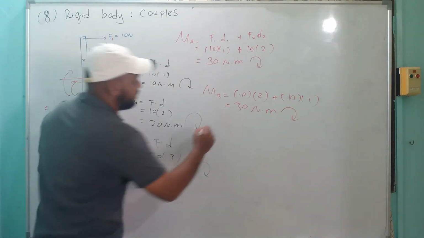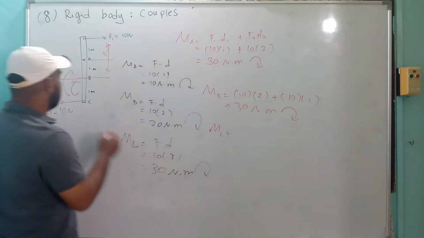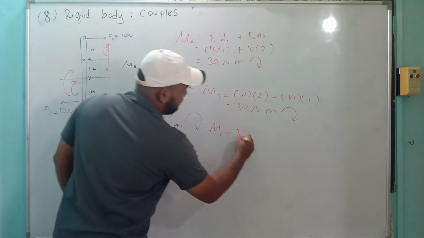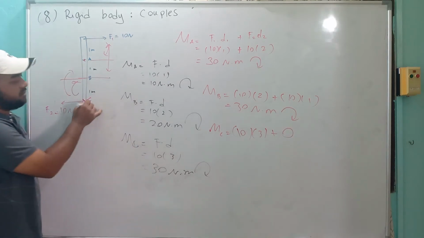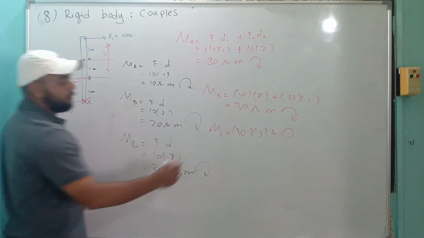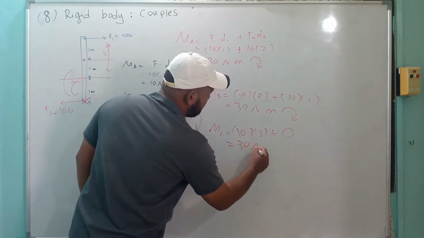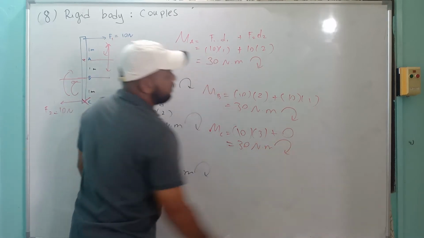If I'm taking the moment about point B, it equals 10 times 2 meter for F1, plus 10 times 1 for F2, also clockwise, which is 30 Newton meter. And the moment about point C will be 10 times 3 plus 0, because F2 is on point C, so it is 30 Newton meter clockwise.